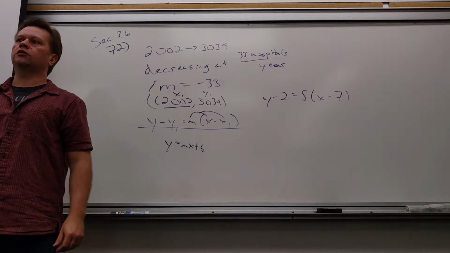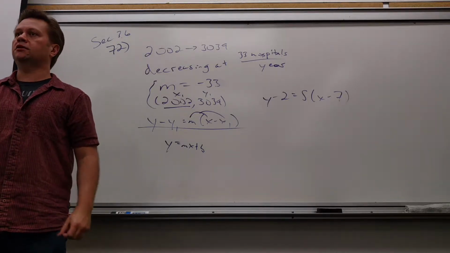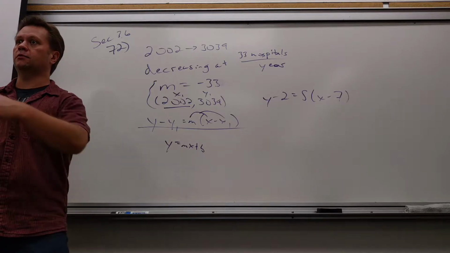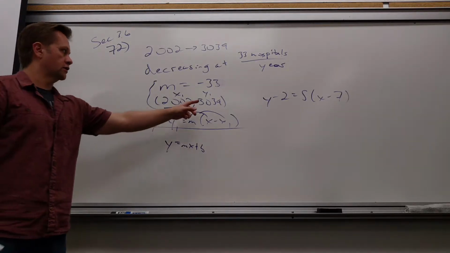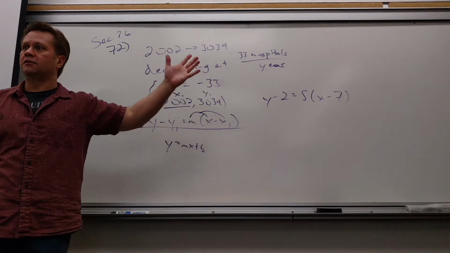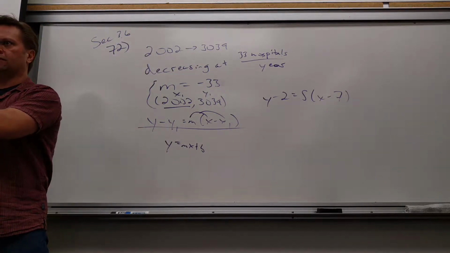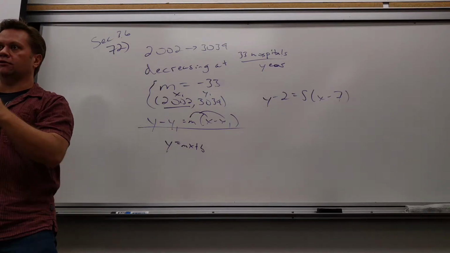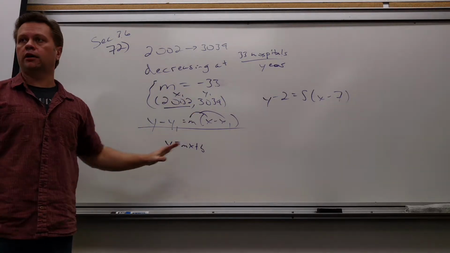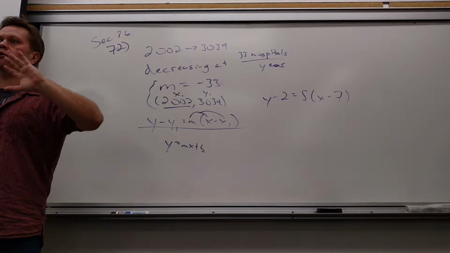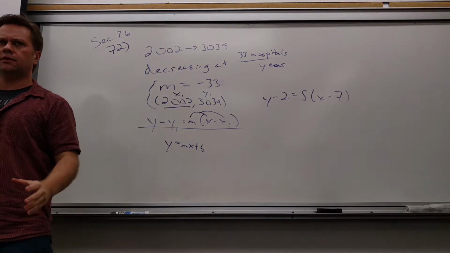No. See, the 100 doesn't mean anything to this problem, right? That's just something the hospitals did. You could have said 3,039 hospitals were painted red. 3,039 hospitals did something. The amount that do that thing is decreasing by 33. So the number 100 doesn't show up anywhere in the equation. The number 100 is just part of the description. Does that make sense?